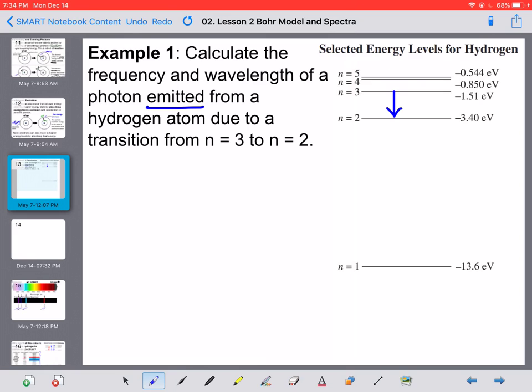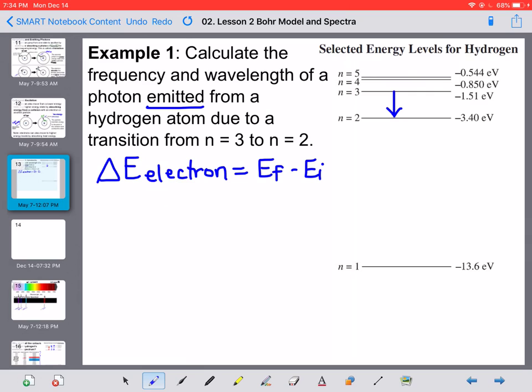So the first thing we're going to do is calculate the change in energy for the electron within the atom. Whenever we're calculating change in energy, we're always going to do the final energy minus the initial energy.